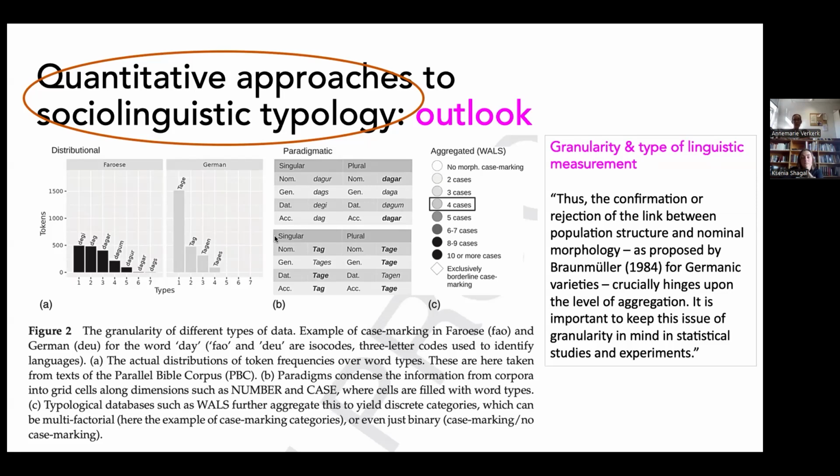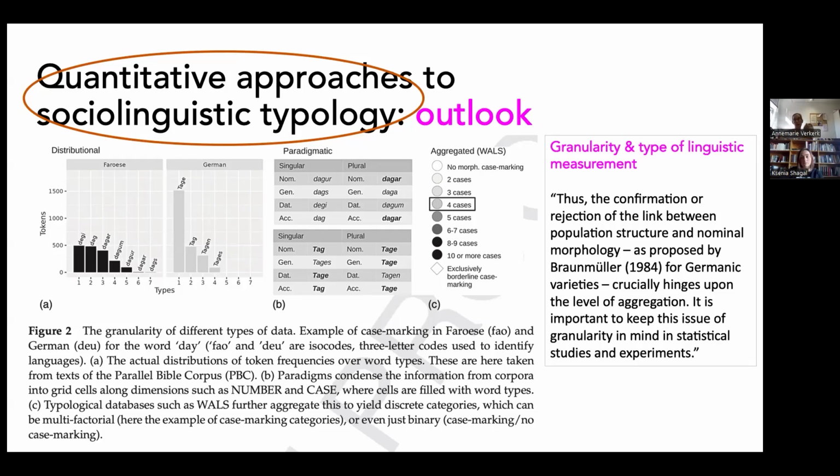And this is something that in typology, and definitely also in sociolinguistic typology, models are sensitive to, right? The confirmation or rejection of hypotheses about how case interacts with aspects of society probably crucially hinges upon the level of aggregation, which means that what could happen as an effect of society on language depends really on what you are measuring from a linguistic perspective, right?